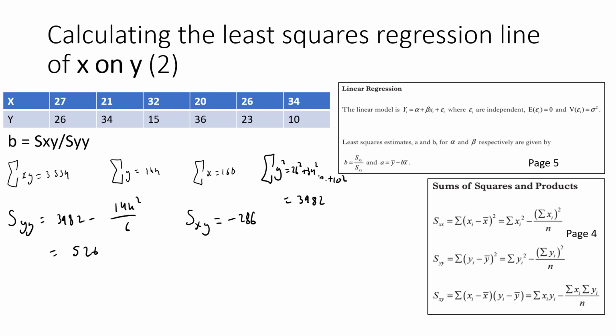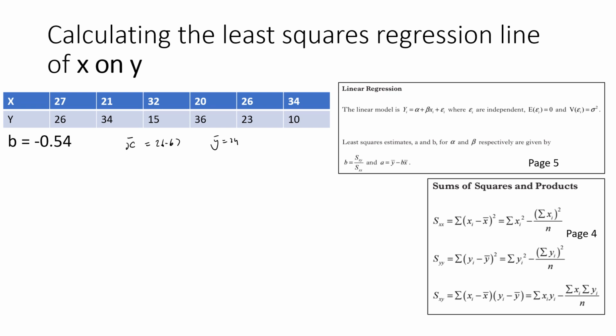We have sxy, we have syy. We can calculate b. b is equal to sxy over syy, which is equal to negative 286 over 526, which gives us the answer negative 0.54, which is a bit different to what we got when we did y on x.